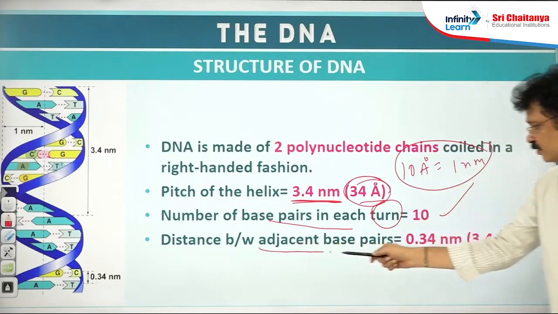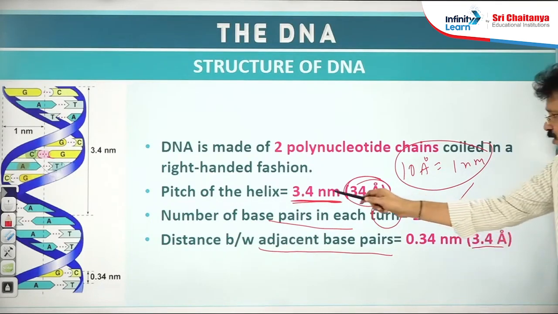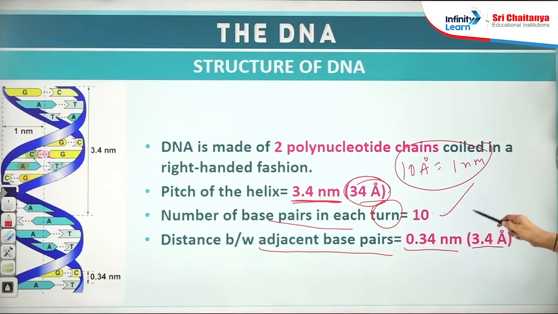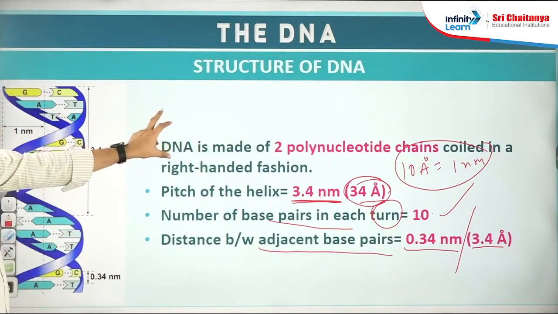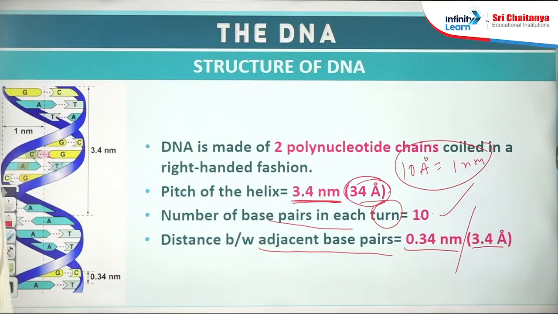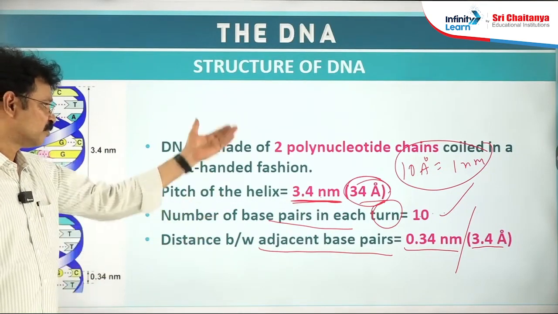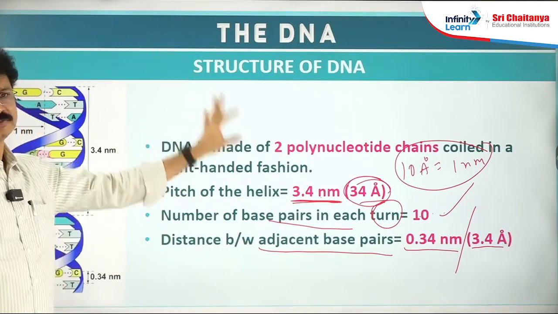The distance between two adjacent base pairs is 34 by 10, 3.4 angstroms, or 3.4 nanometers by 10, 0.34 nanometers, according to the double helical model of DNA proposed by Watson and Crick. Try to remember all these values to solve questions related to DNA.